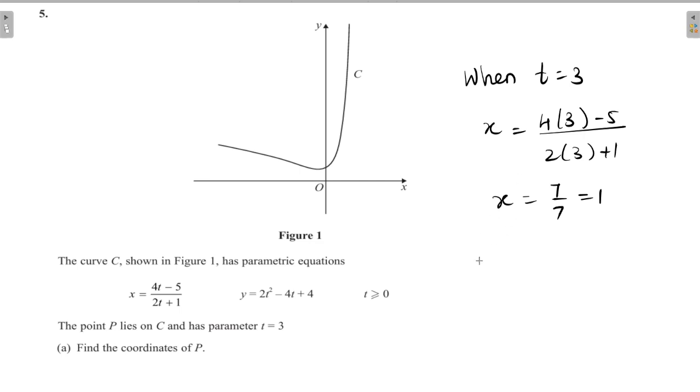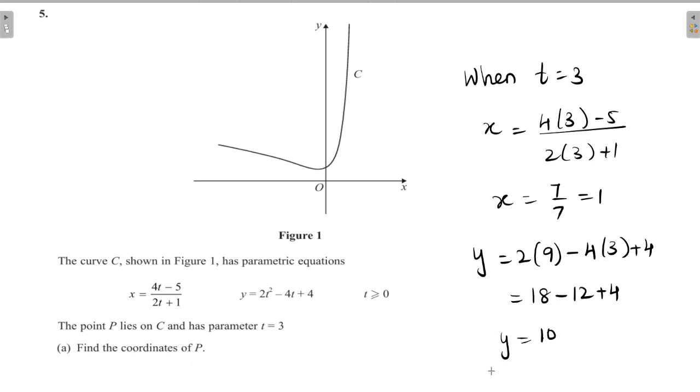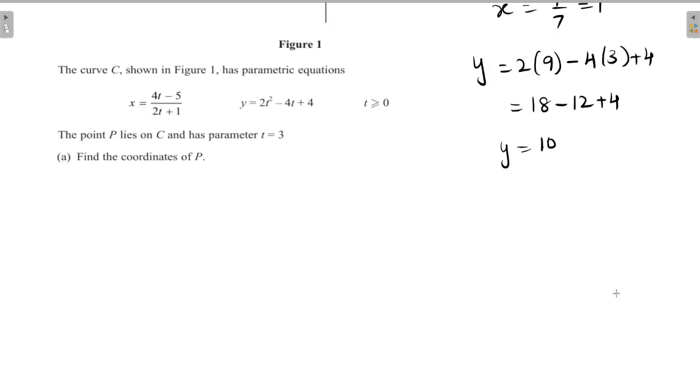When t equal to 3, y equal to 2 times 3 squared is 18, minus 4 times 3 plus 4. So 18 minus 12 plus 4 which is equal to 10. So y equal to 10. Coordinates of P are 1, 10.